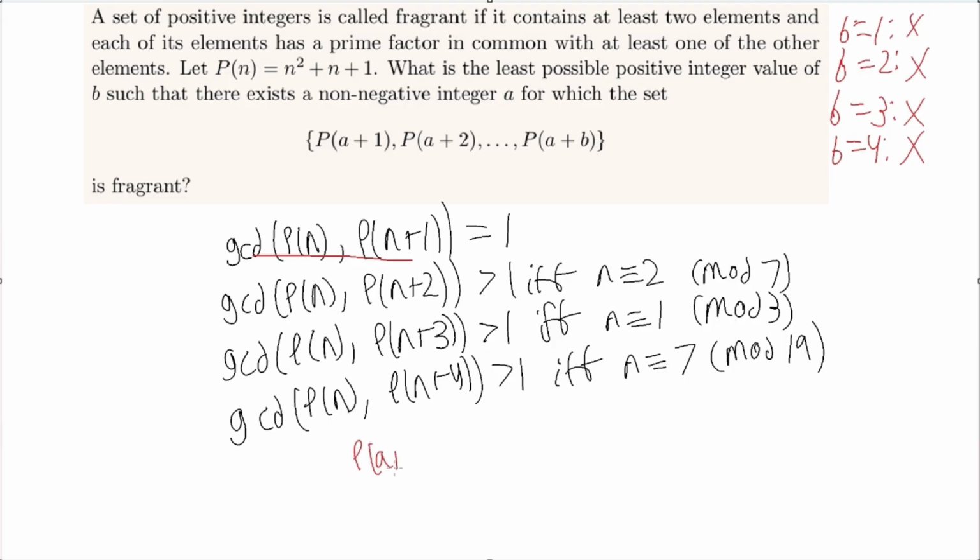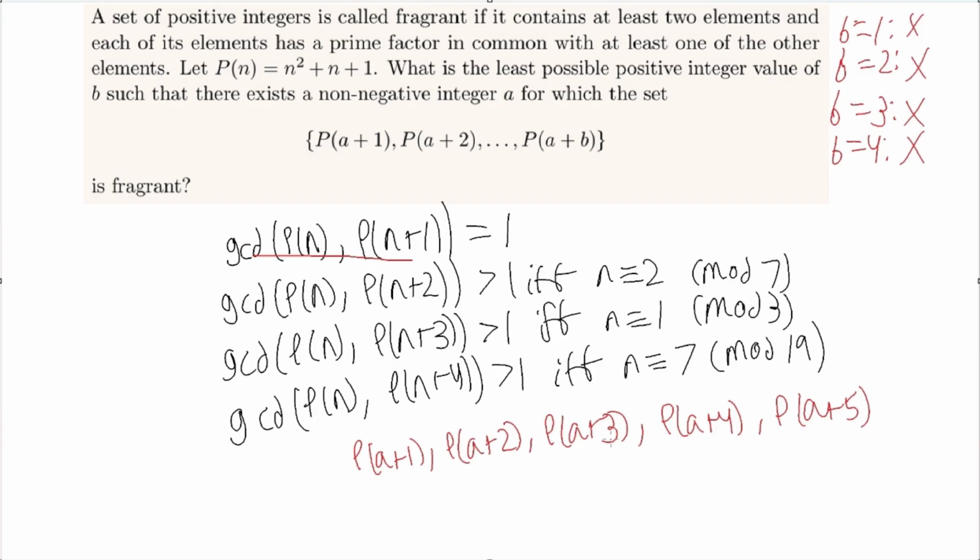So P of A plus 1, P of A plus 2, P of A plus 3, P of A plus 4, and P of A plus 5. Does this work? We're motivated to think that it might work, so let's see if it does. And again, we want to try looking at the middle elements.